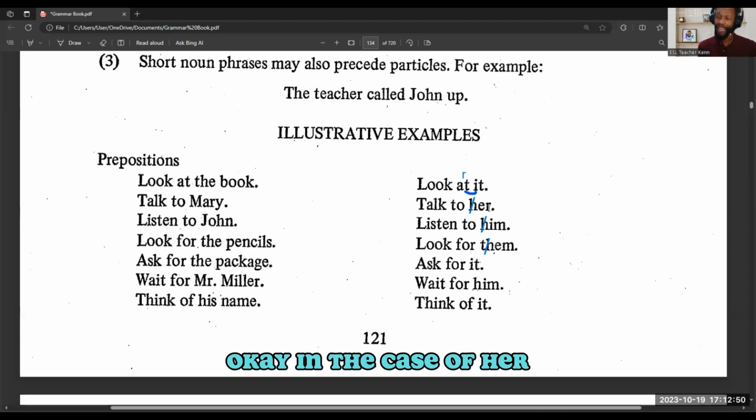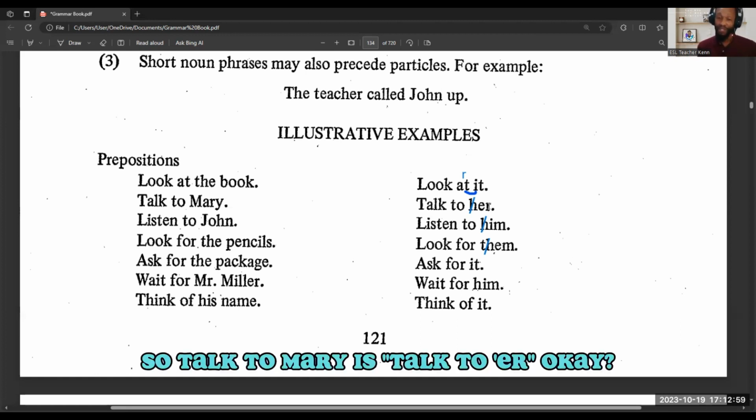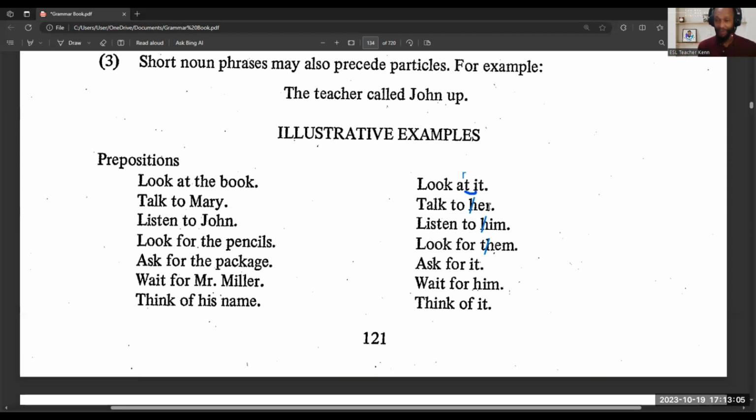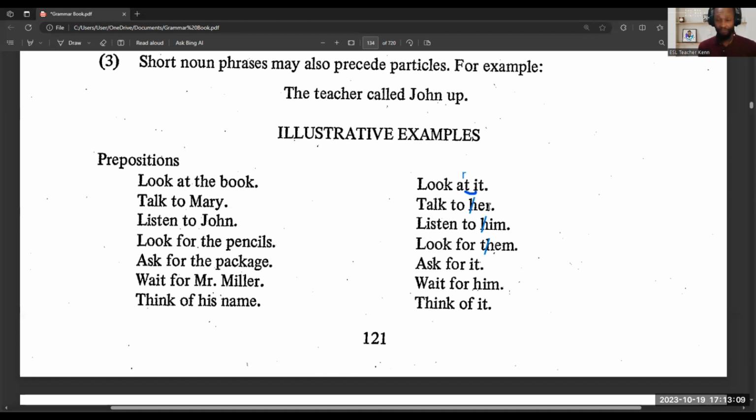Okay? In the case of her, when we are speaking fluently, we just say 'er. So, talk to Mary is talk to her. Okay? So one more time. Talk to Mary. Talk to her. One more time.